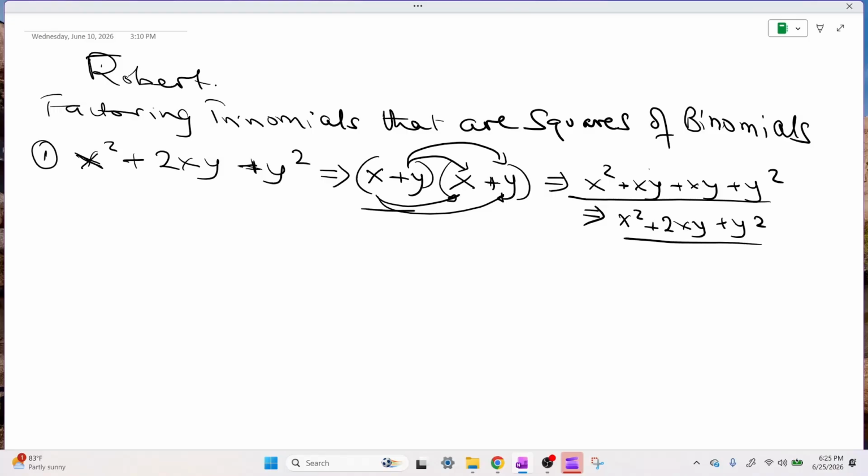So our answer here is right, or we can rewrite it as x plus y squared.